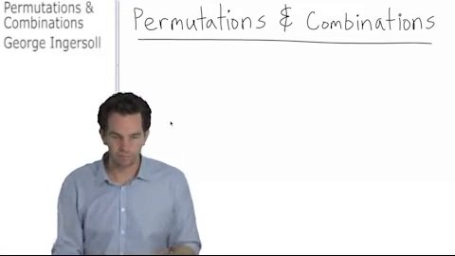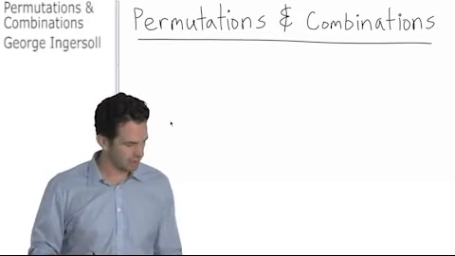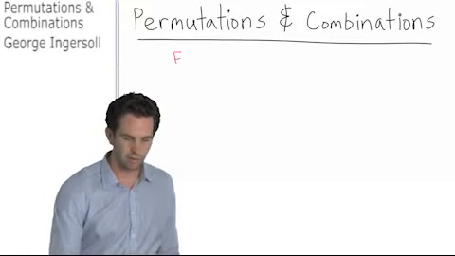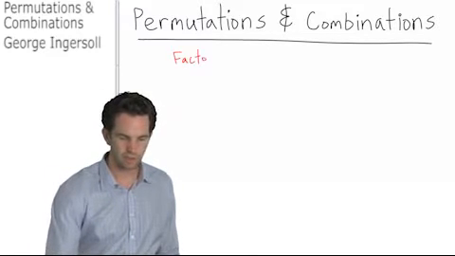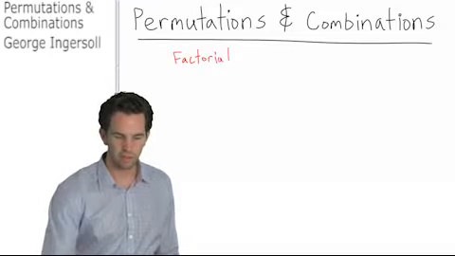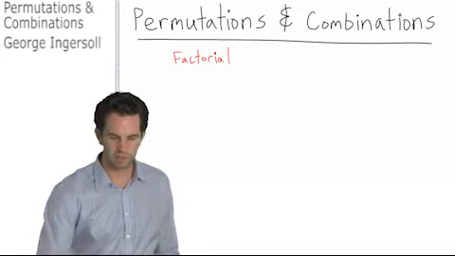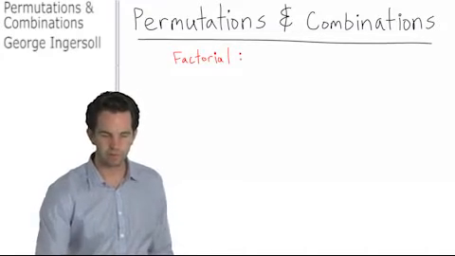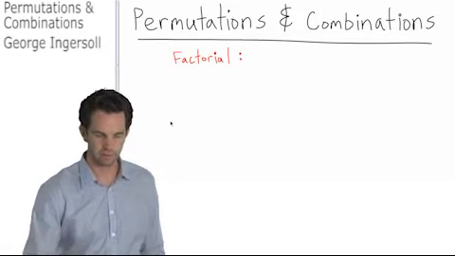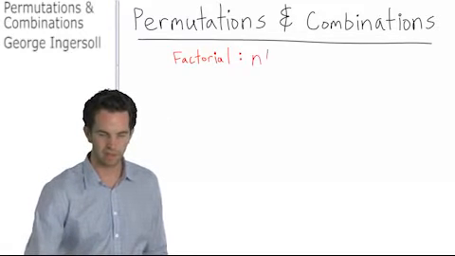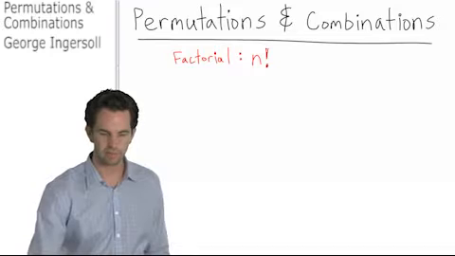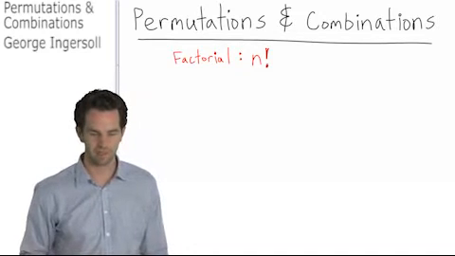Before we begin, one thing I want to define really quickly is this concept of a factorial. This is something I think a lot of you will be familiar with already, but just in case. A factorial is written as an exclamation point. So we might say n factorial, and that does not mean that we're extra excited about n.